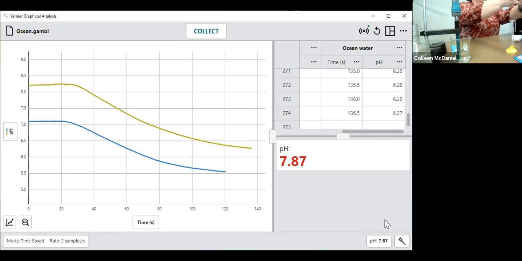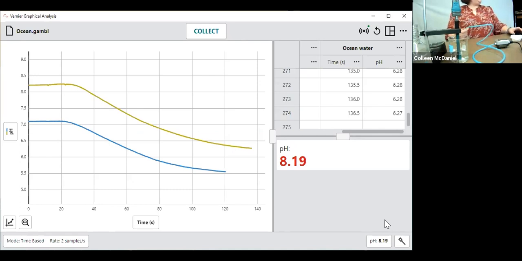And I'm using just a cheap $5 aquarium bubbler that I got at Petco or PetSmart, someplace like that, that I use to do other experiments, mostly dissolved oxygen experiments. And so I'm going to get my pH back up to where it was.